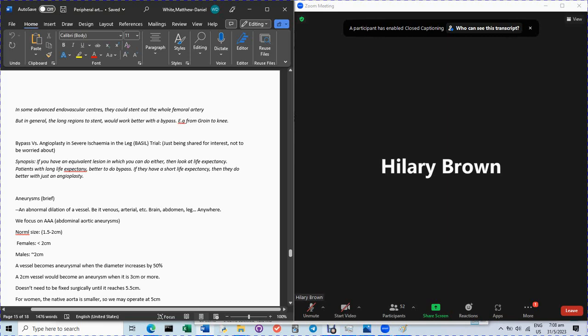So when you have a non-healing wound, your job is then to say, this looks like an arterial wound, all right? And please remember, you need to know the difference between an arterial and a venous wound.